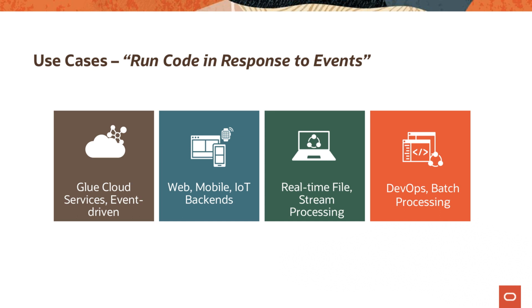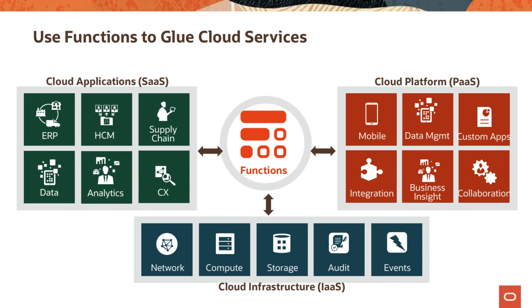Rather than go into all these categories separately, I'm going to give you some examples. But let's start with cloud services, with functions acting as glue, being the use case.